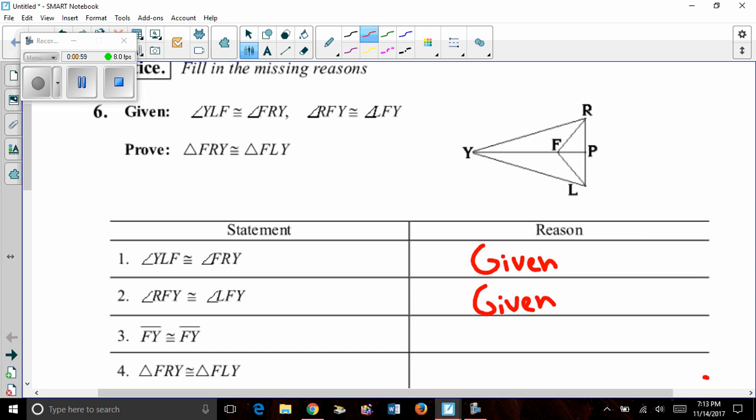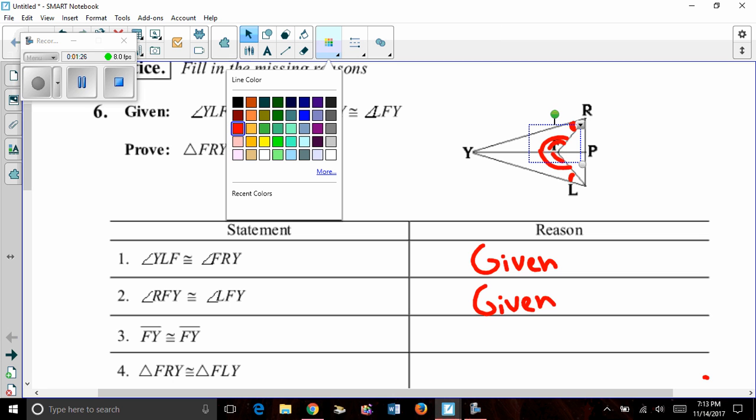YLF would be this angle here, and FRY is this angle here. It also says that RFY, marked with two congruence markers, is congruent with LFY. Maybe I mark those in a different color.